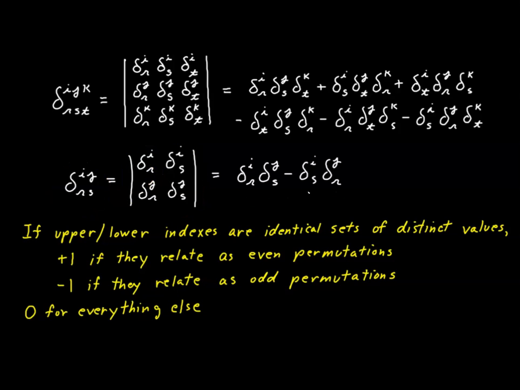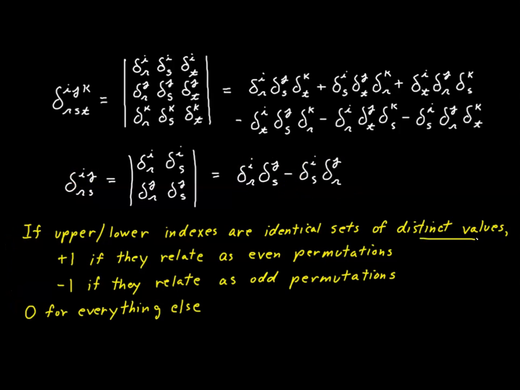Well, notice that everything we've said down here applies equally well up here. If the upper and lower indexes are identical sets of distinct values, then that means it has to be the same combination. This has got to be the same combination as this, or neither of these two terms can be anything but 0.